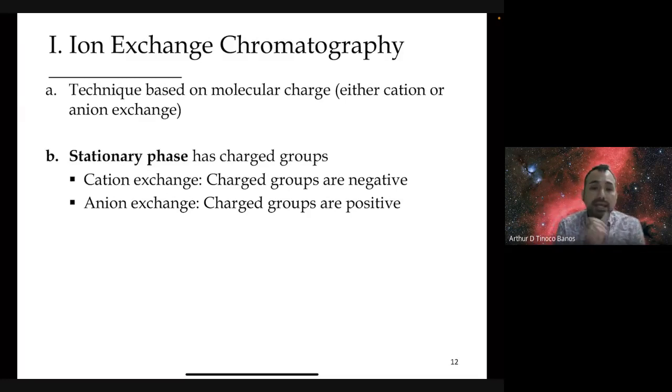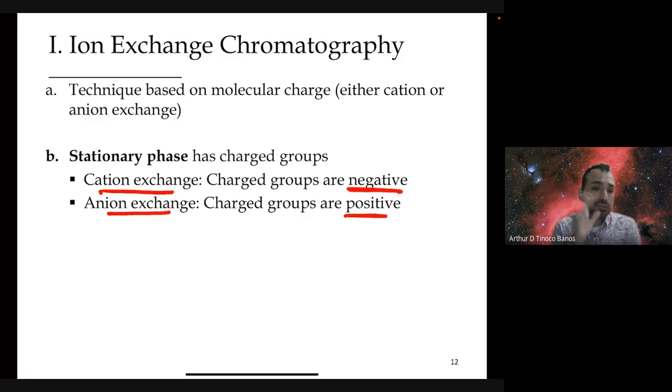If you're doing cation exchange, these charged groups will be negative. And why is that? Well, they want to capture cationic species that you're going to put through it. Now, if you want to do anion exchange, your charged groups will be positive because they want to capture the negative groups that you push through.